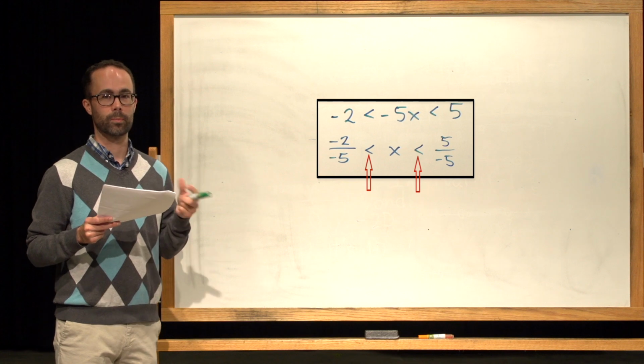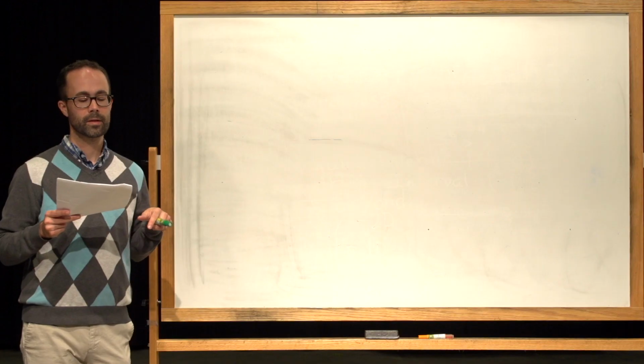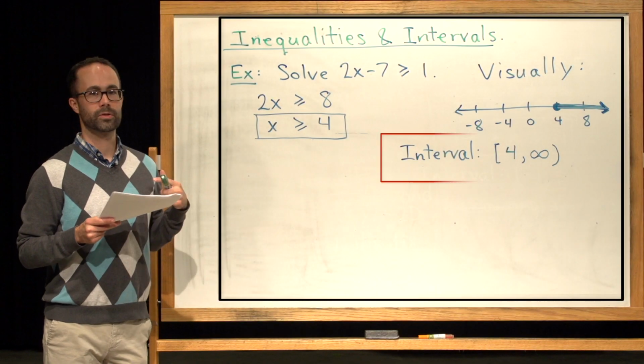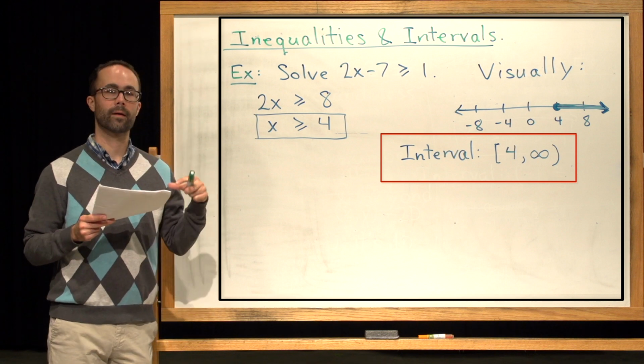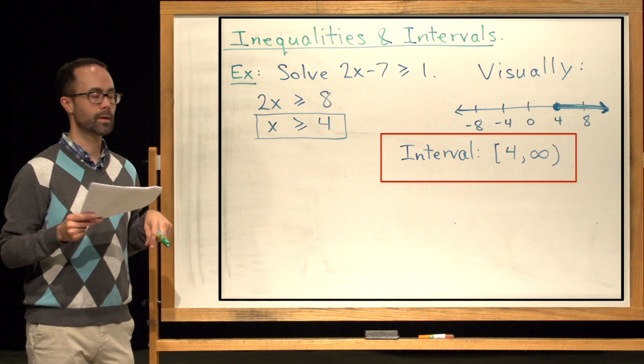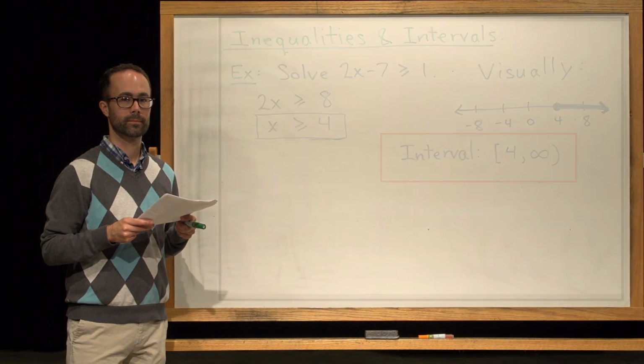So a less than would become a greater than, and vice versa. And then lastly, as we solve our inequalities, the solutions to those inequalities are intervals. They're bounded or unbounded. We have square or open parentheses, but those can always be represented in interval notation.